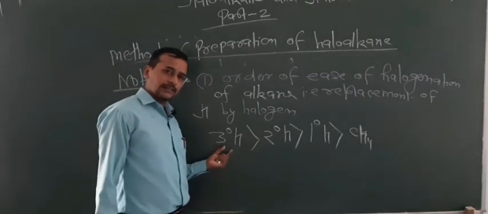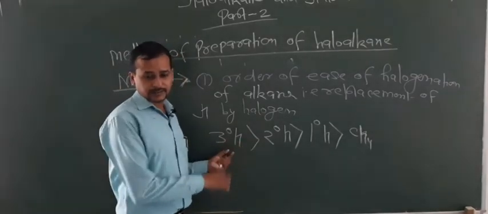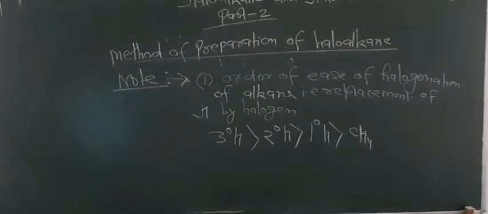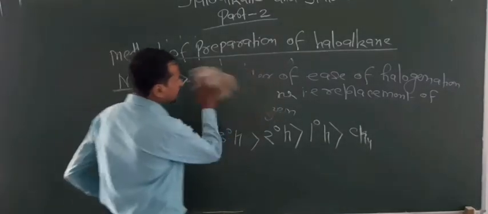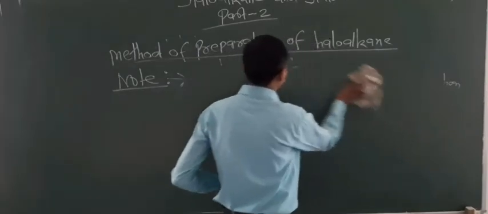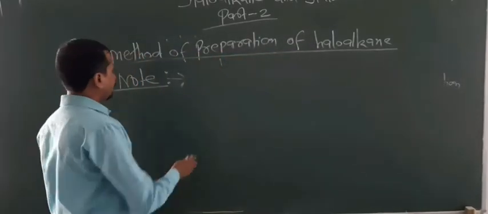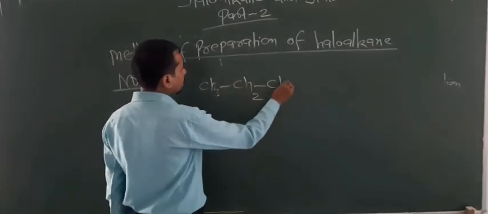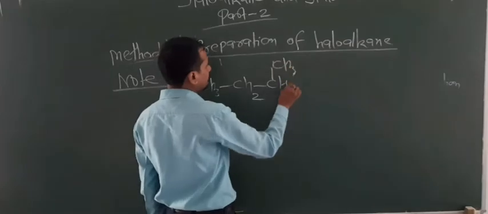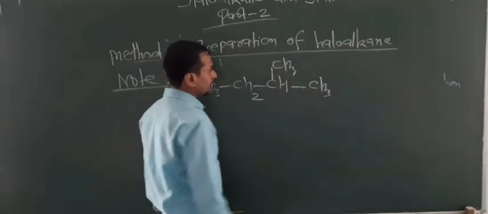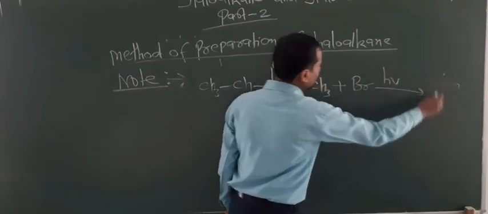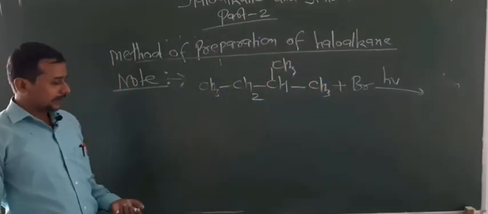So in this case, when 3 degree H is present, first of all you have to replace the 3 degree H. Now look at the reactions so that you can clarify how the replacement takes place. Let us focus on one example: CH3 CH2 CH CH3 and CH3. Now one reaction is given like this, Br2 and light, and the question arises: which is the major product in this reaction?